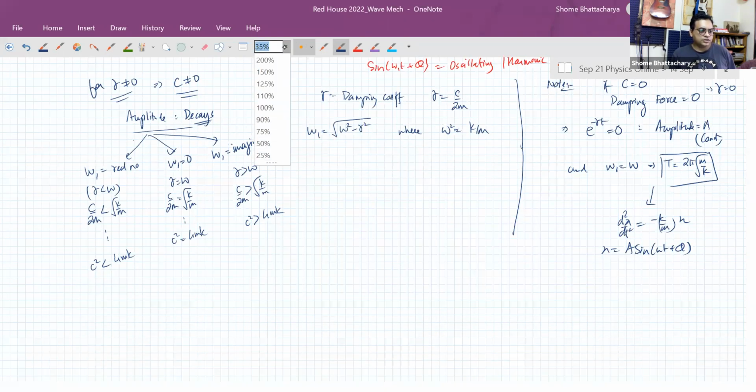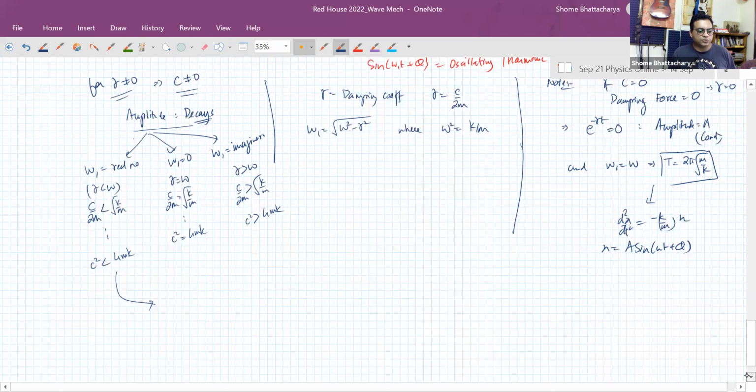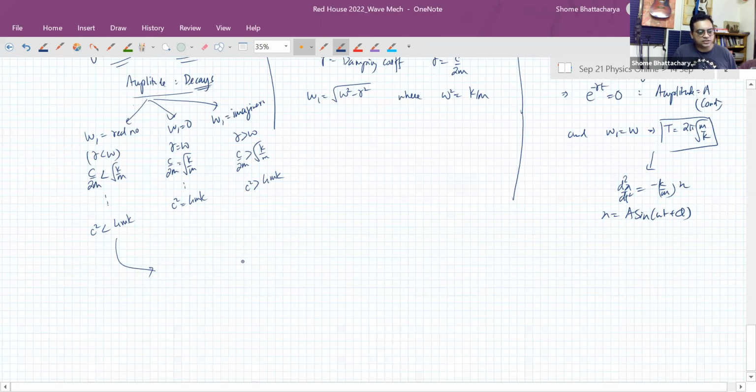Now we'll see that each of these cases has a special significance. So let me list out the important things again. The general equation is m d2x by dt square plus c dx by dt plus kx is equal to 0.